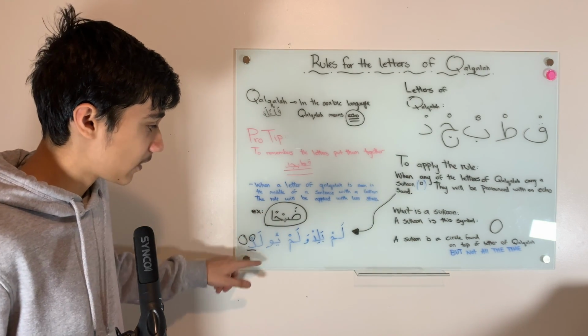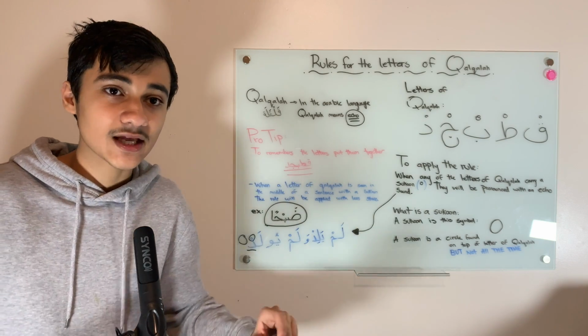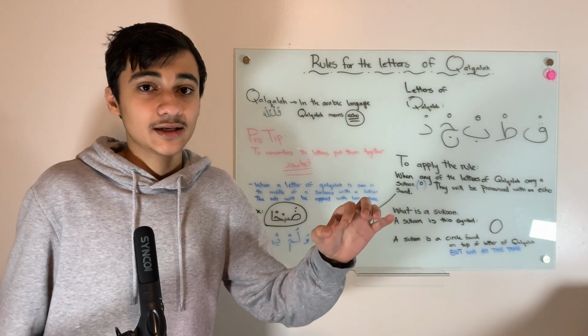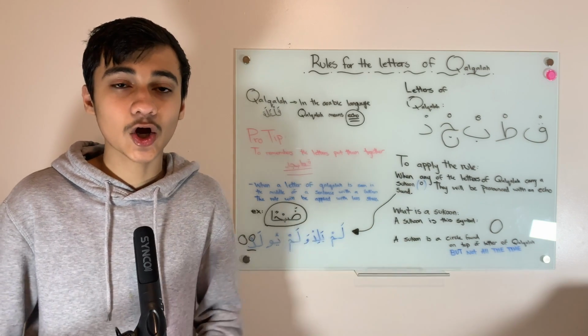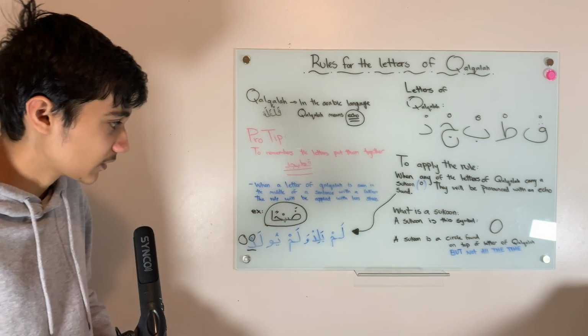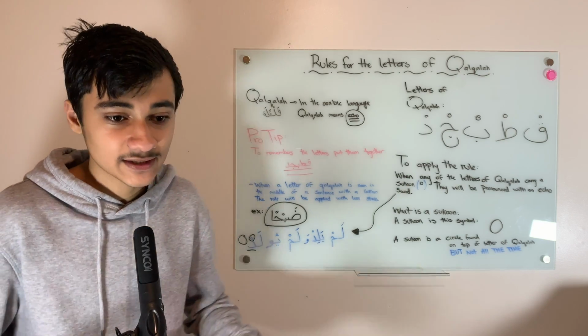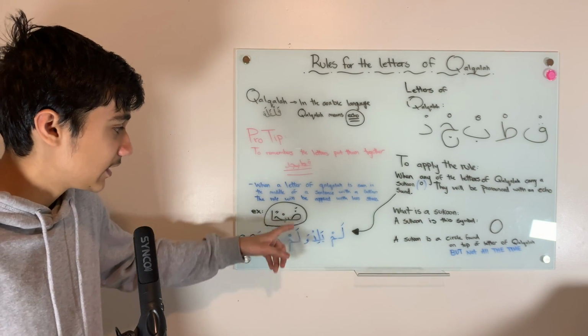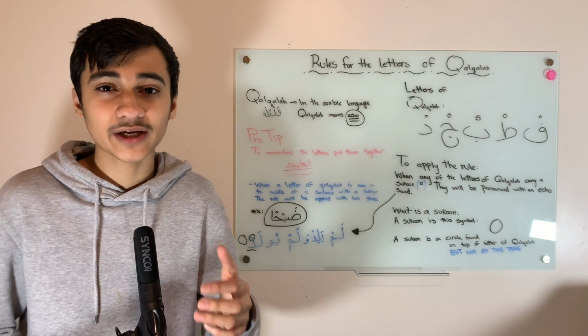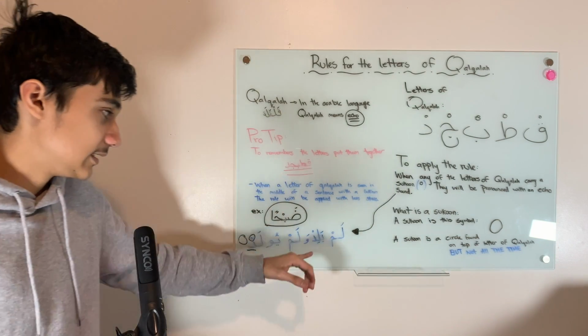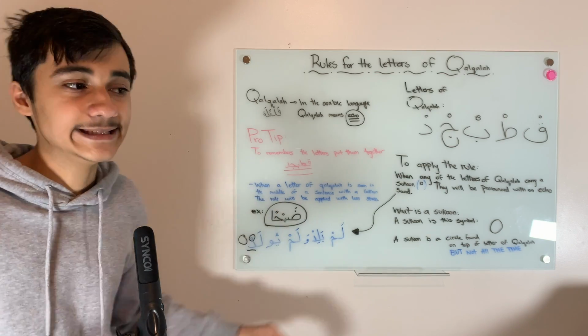Now, when you have it in the middle of a sentence, you will still try to pronounce the echo, but it will be less harsh and applied with less stress. For example, dhabhan. You can see that it was a very quick echo and applied with less stress than lam yalid wa lam yulad.